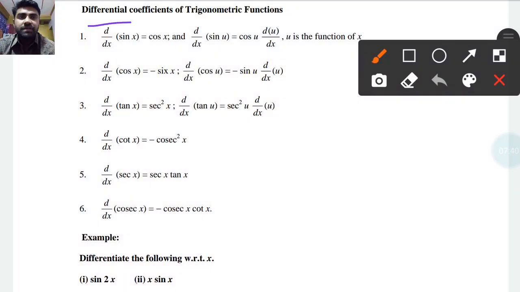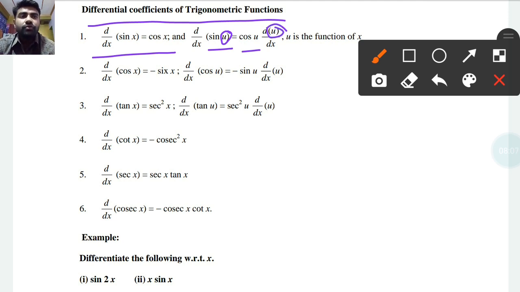Now, differential coefficient of trigonometric functions. So first is d by dx of sin x, that is cos x, simple. The function will be changed because of differentiation. Similarly d by dx of sin u, but now here it is not x, so the function will be changed and we have to again differentiate that u.